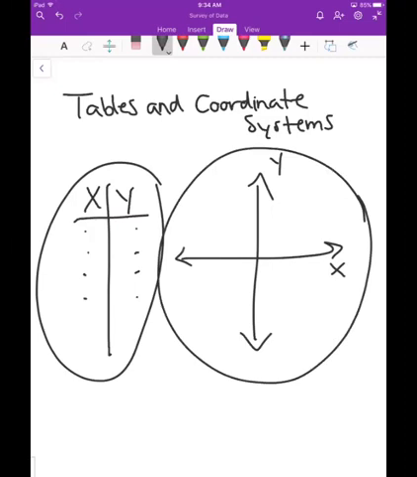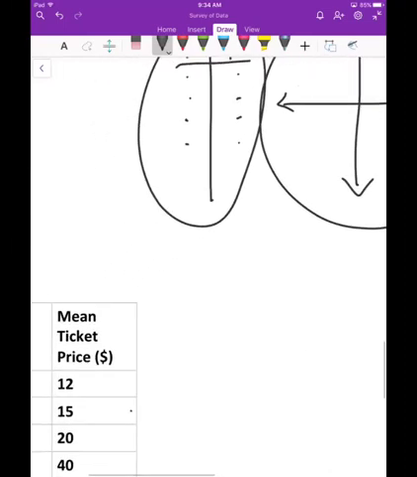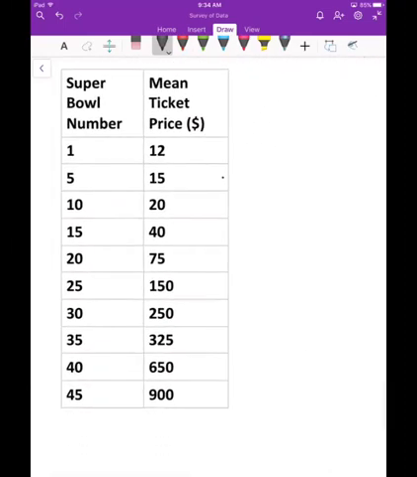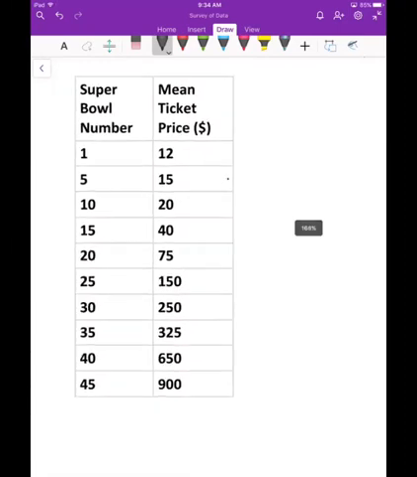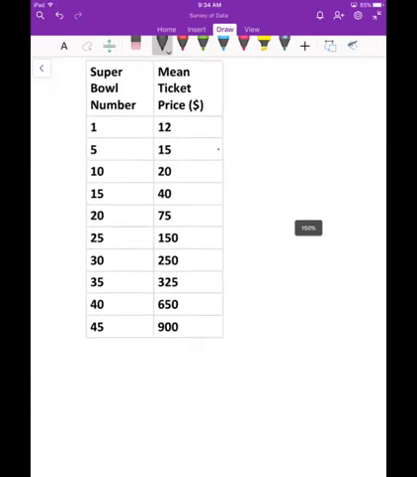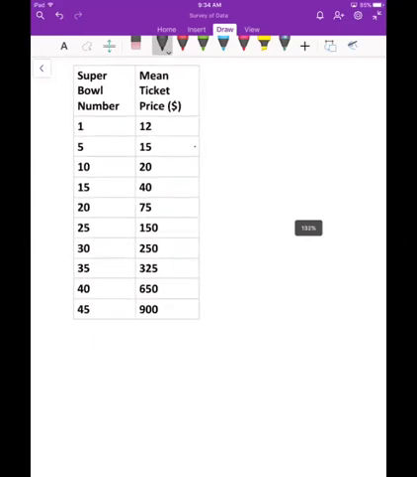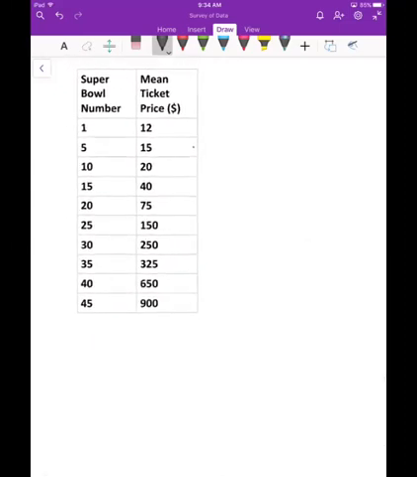We're going to look at example 4 on page 368 of your textbook, and I have that data right here. That example looks at, as we look at more and more Super Bowls over time, how did the mean ticket price change in order to go to the Super Bowl? So you'll see it's changed quite a bit.